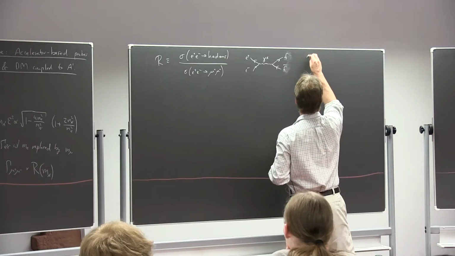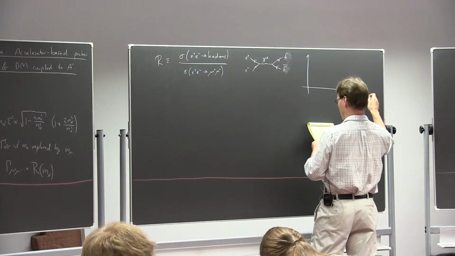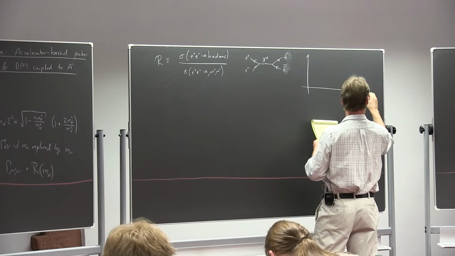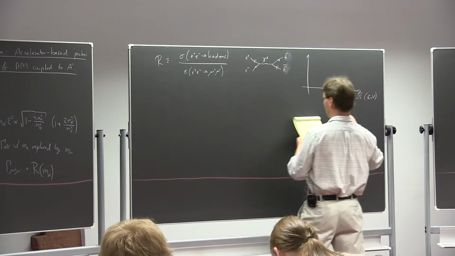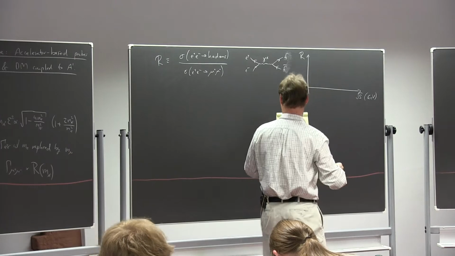So when you do this and plot it as a function of root s, the center of mass energy, I'm going to try and produce a plot here. Let's see how successful I am.